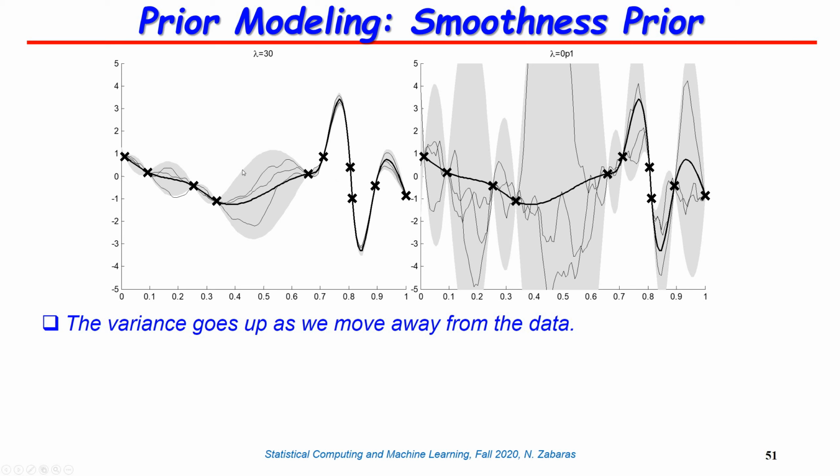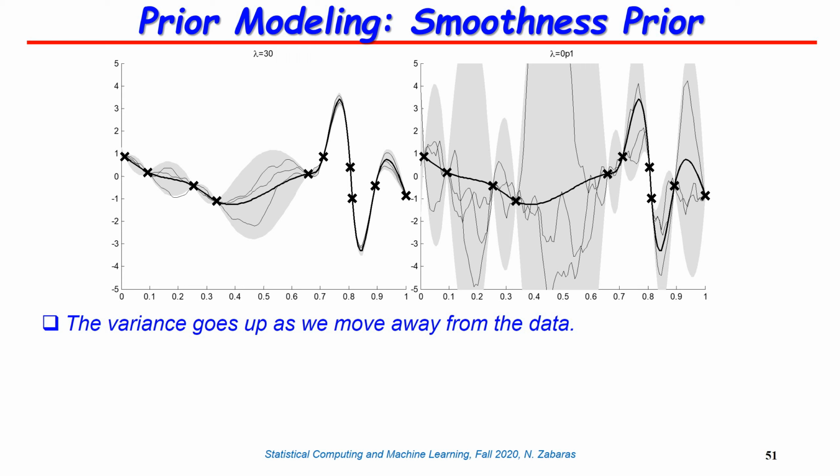And then these painted areas correspond to plus minus one standard deviation from my conditional mean variance, or my posterior uncertainty, if you like. You remember the conditional distribution was a Gaussian.